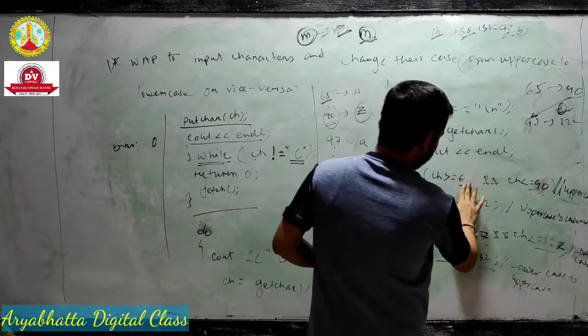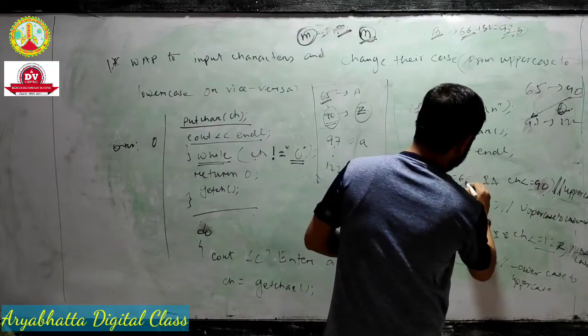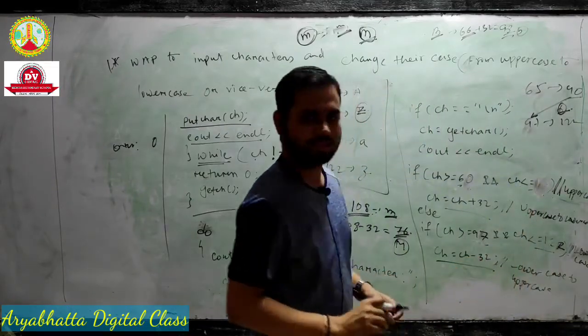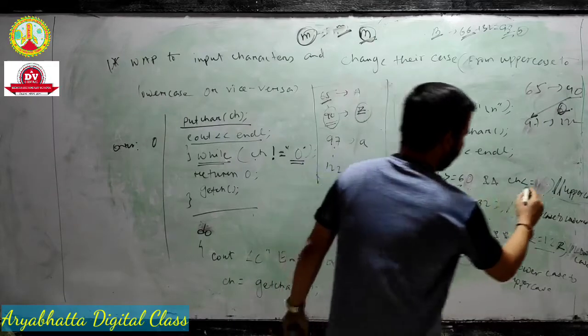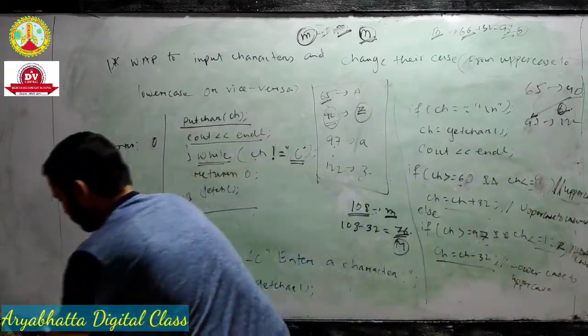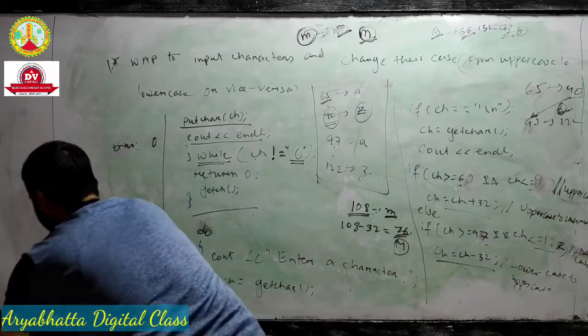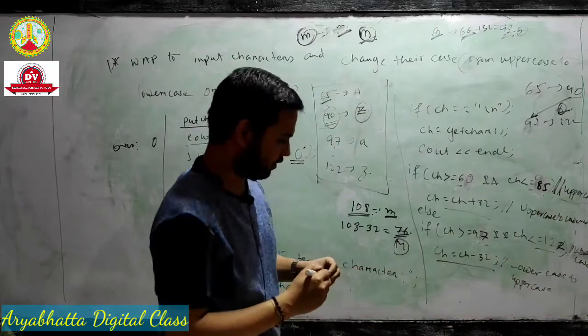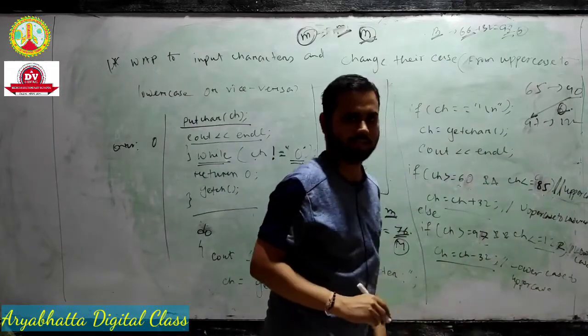If you take 60, then up to what? 26 numbers, so 85. If you take the starting value of 60, the end will be 85.